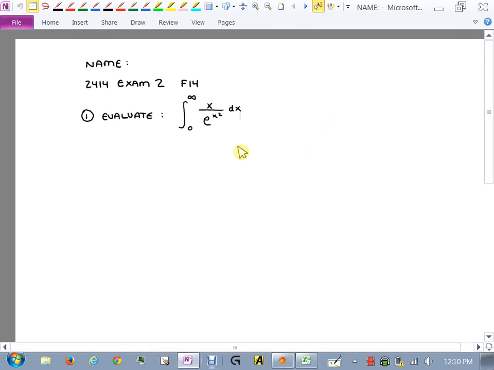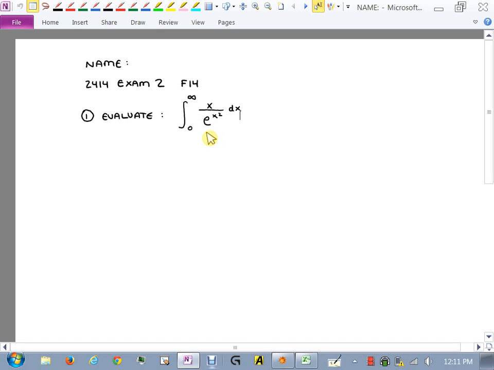All right, so what are we looking at there? This is a 6.6 improper integral. This is a type 1 improper integral where one of your limits of integration is infinity. Look at what they had to integrate.